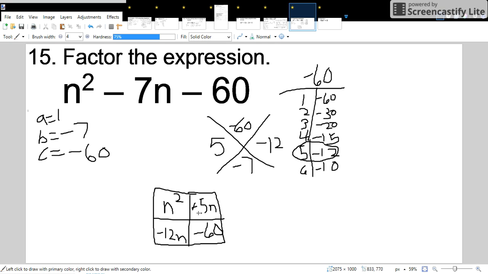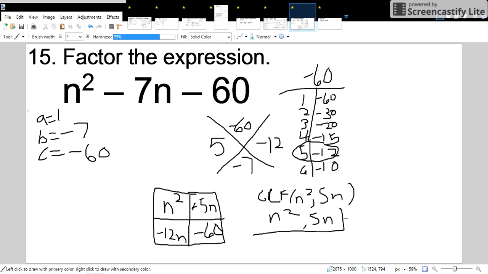Now you're going to take the GCF of n squared and plus 5n. So we could go ahead and write that. GCF of n squared and 5n. With our cake method, we're going to look at what we can divide out of both of these terms evenly.